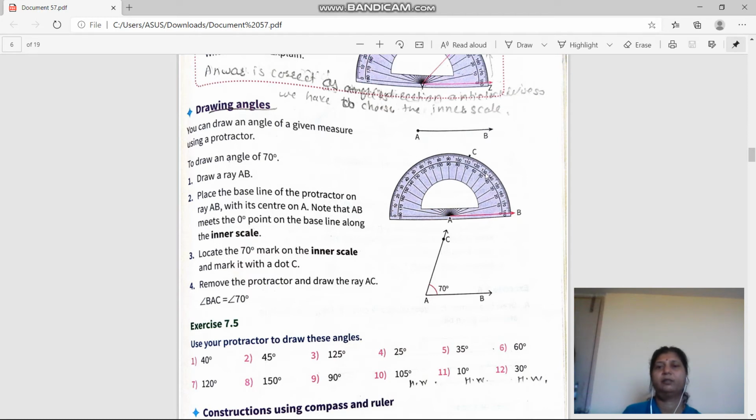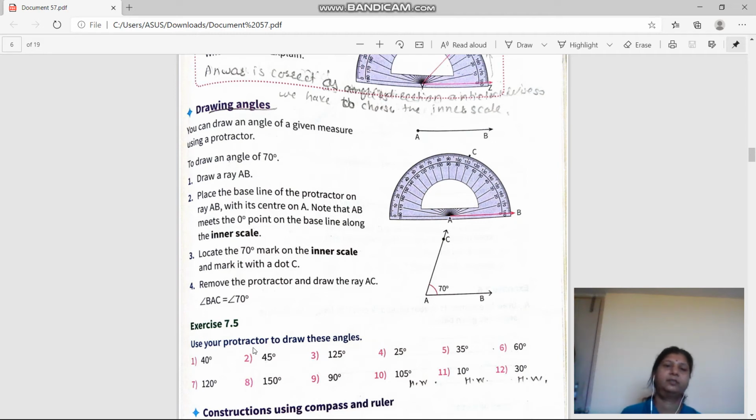Suppose we require 50 degrees, tick here. Remove the protractor and join this tick up to the vertex. That makes the angle. Get it? If we want to draw 70 degrees, then A, B, and tick here up to 70 and mark it, that is A, B, C, that is a 70 degree angle. Get it?